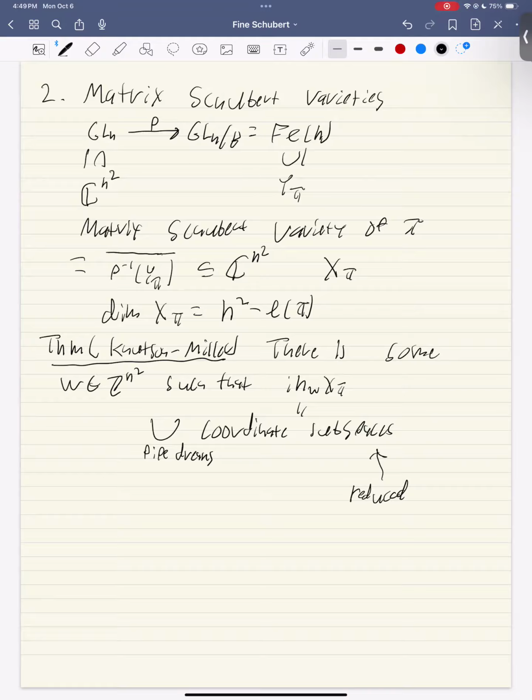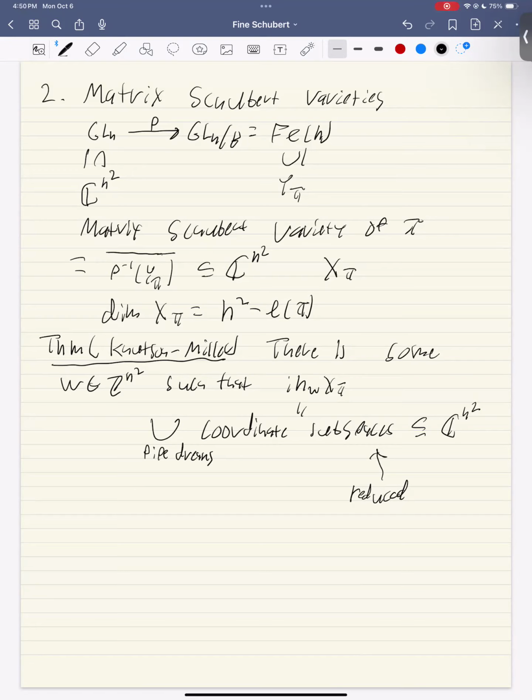And there is some straightforward way to take a pipe dream and construct a coordinate subspace of C^(n squared) using that. By coordinate subspace, I mean it's given by some of the coordinates being 0 and some of the coordinates allowed to be anything.